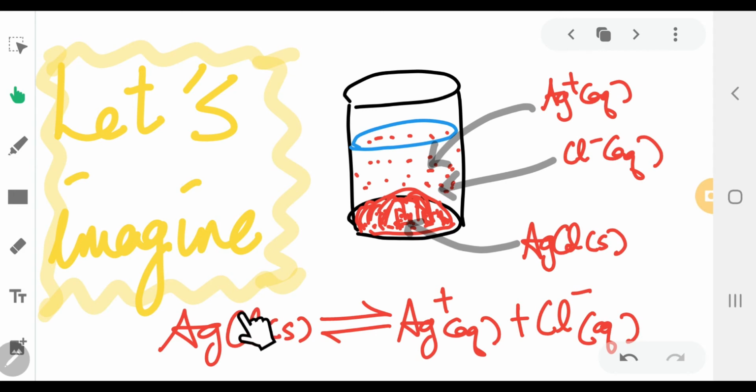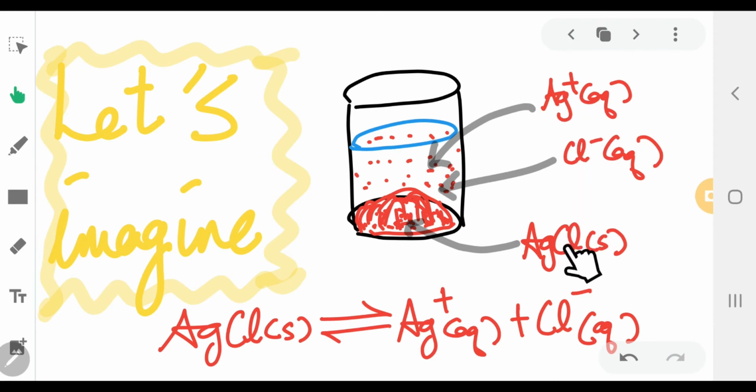When the solution reaches saturation, you will be able to imagine that in your beaker, you will see solid AgCl inside the beaker existing together with the aqueous species of the AgCl, Ag+ aqueous and Cl- aqueous, as we have drawn over here.